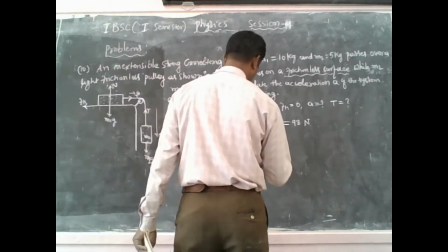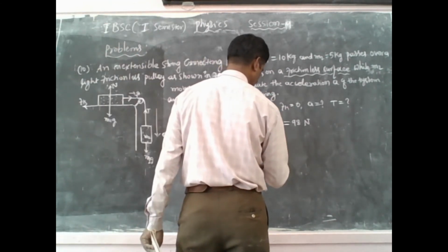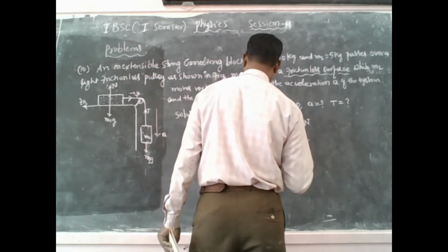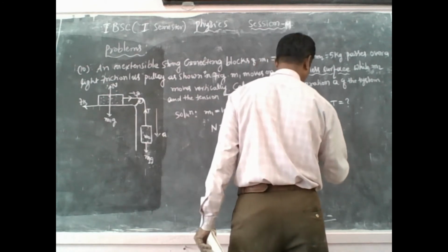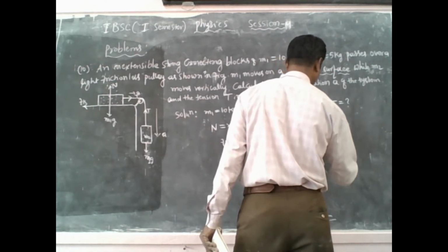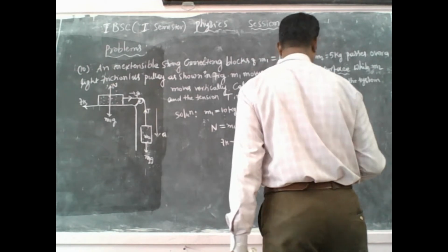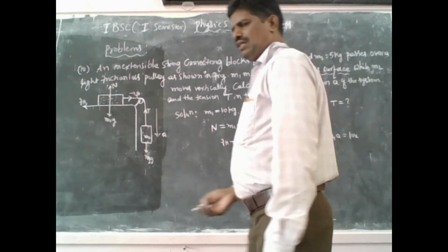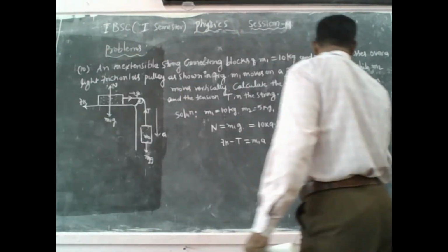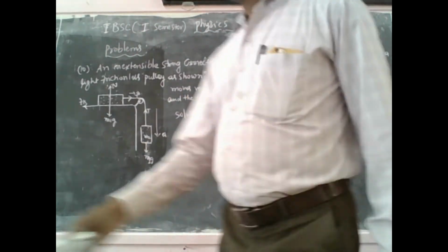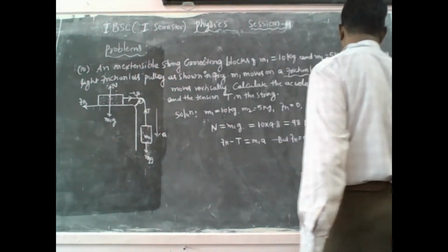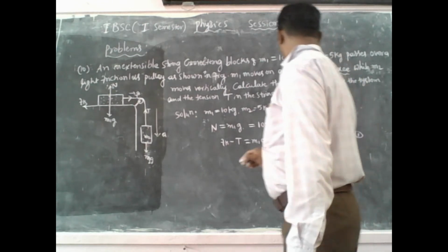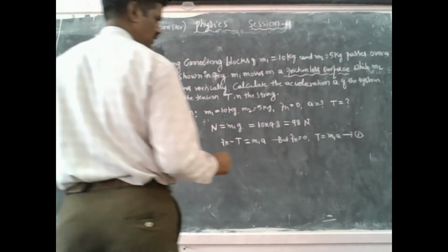But Fk is equal to 0, therefore T equals M1A. Tension is equal to 10 into acceleration. We don't have the acceleration actually, isn't it? So we can make this equation number 1.